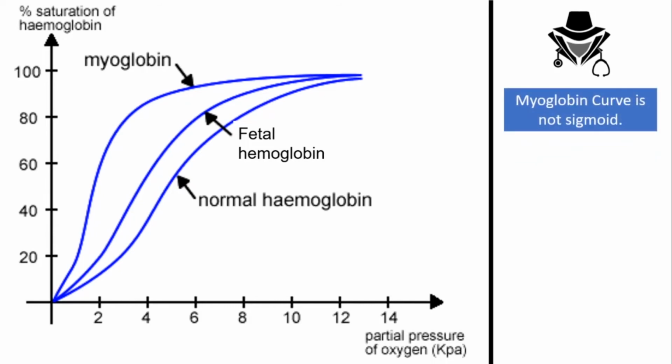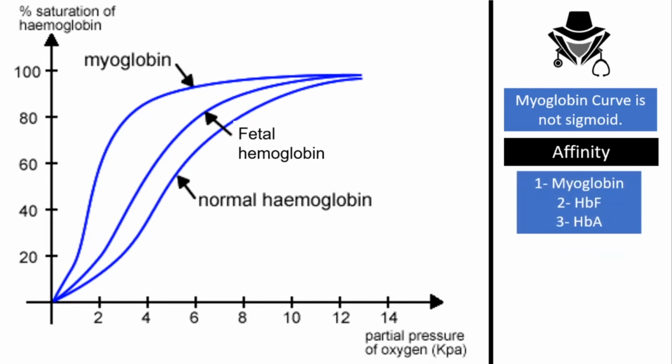Second, we want to talk about affinity. As we have seen in the previous slide, in the relationship between the right and the left shifts, the left curve always has a higher affinity in this diagram. So here myoglobin will have the highest affinity for oxygen, then fetal hemoglobin, hemoglobin F, and lastly the normal adult hemoglobin, hemoglobin A. And this makes sense because myoglobin is found in the muscles, right?